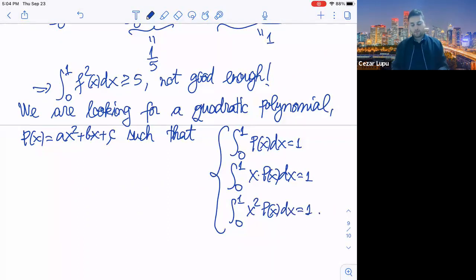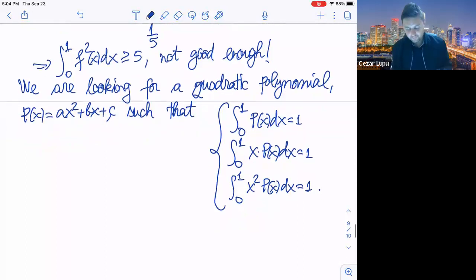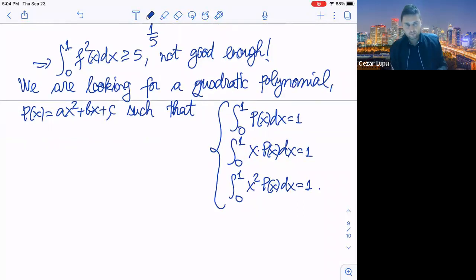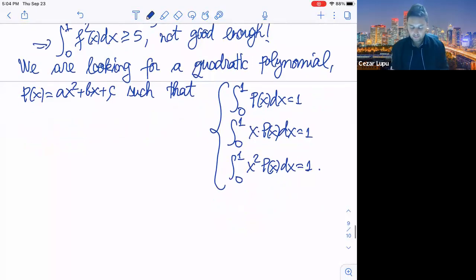Well, you can plug it in, right? You'll form a system of 3 equations, 3 unknowns, and you will solve this.